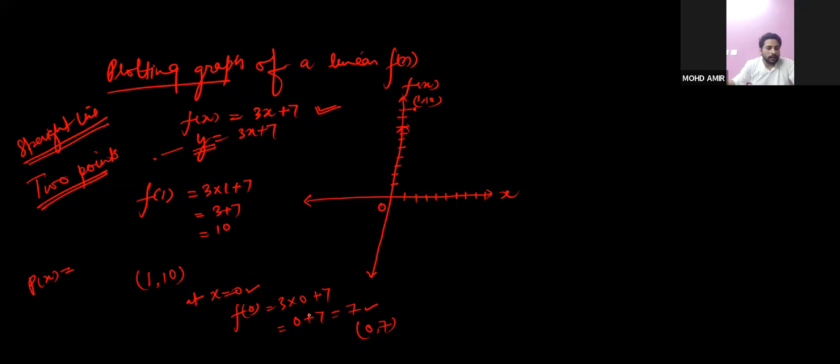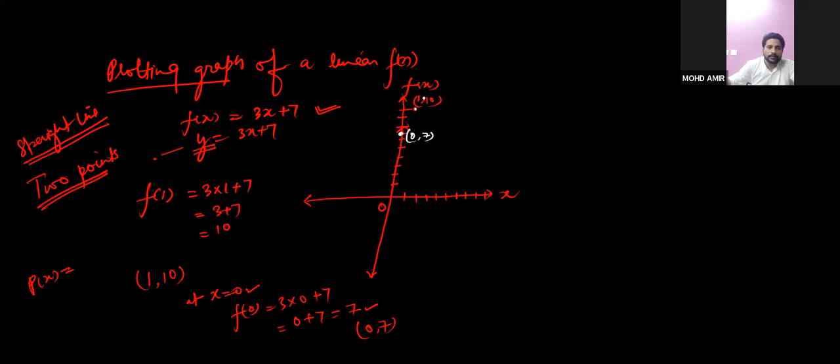Now the next point is (0, 7). Now x is 0 and y is 7. That is here. Let me take another color. Now it is visible. That is our (0, 7).